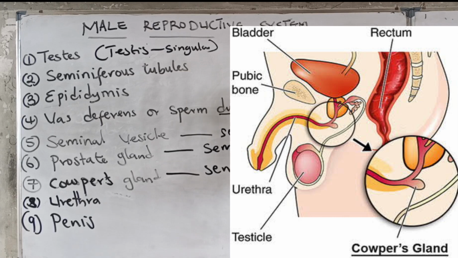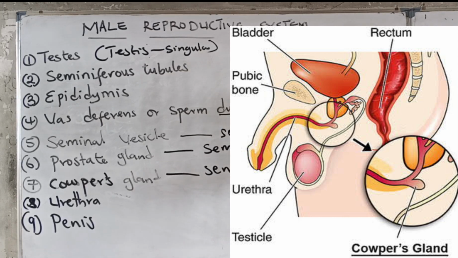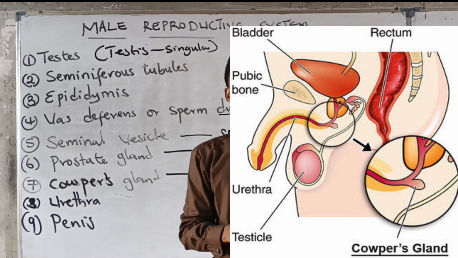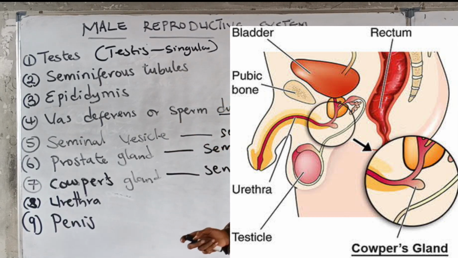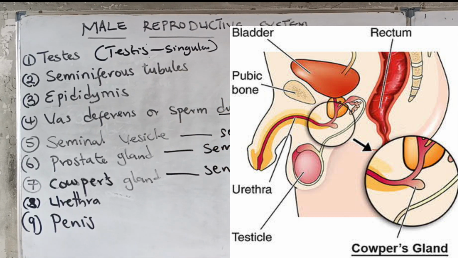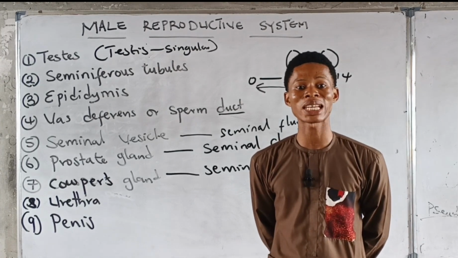Anything below 7 here is acidic, right? Meaning the lower the pH, the more acidic it is becoming, is it not? The higher the pH, the more basic it is becoming. So the pH of the female reproductive medium is very low, very acidic. So now if sperm travels to the female reproductive medium, that sperm will be killed because it is acidic.